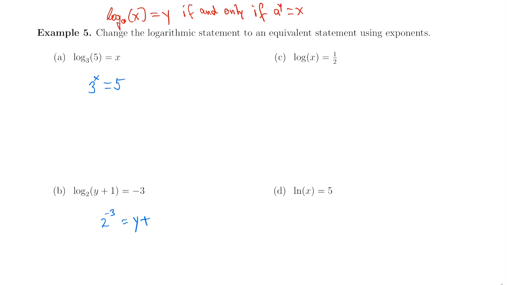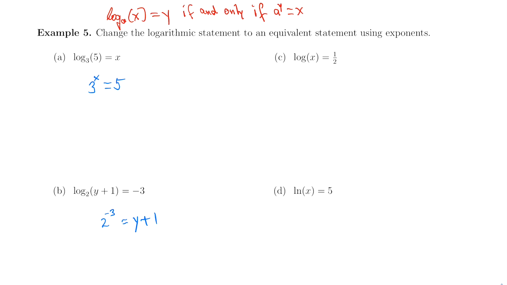So just switching places. And if I now would like to solve all the way for y, I would subtract 1 on both sides, but that's not the point. Just like in A, we actually just made it more complicated, but this is just to practice going back and forth.